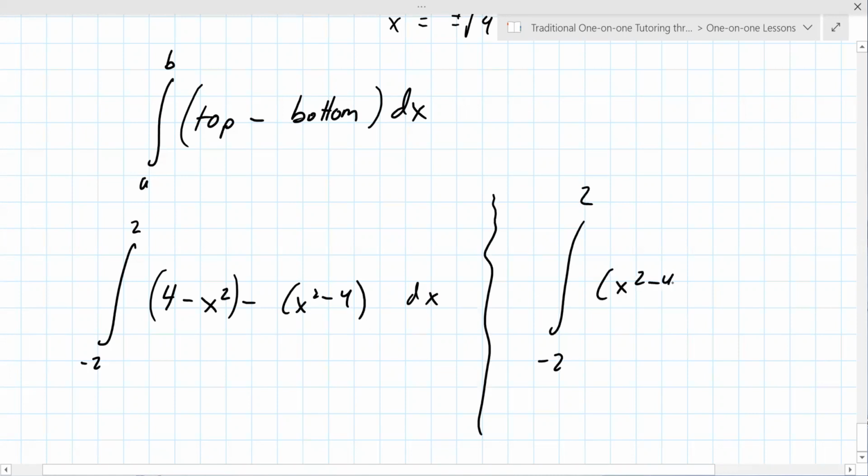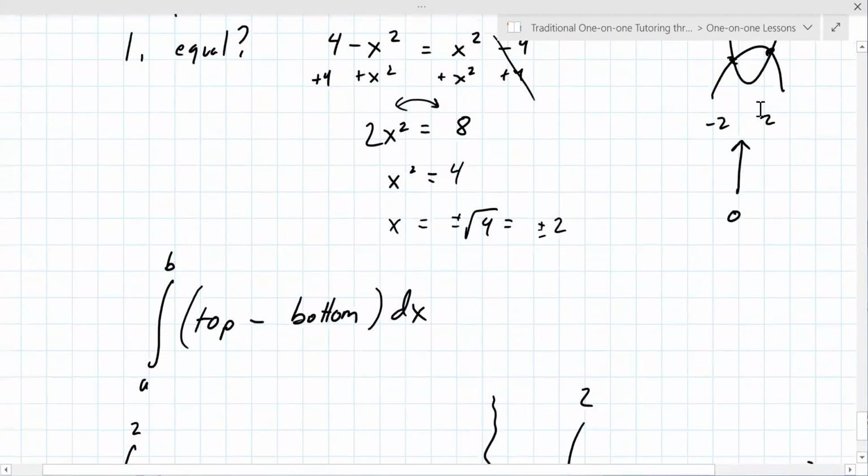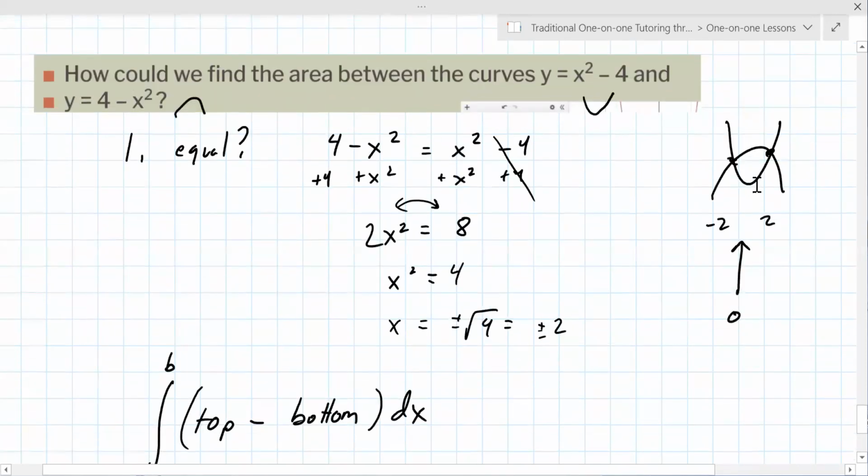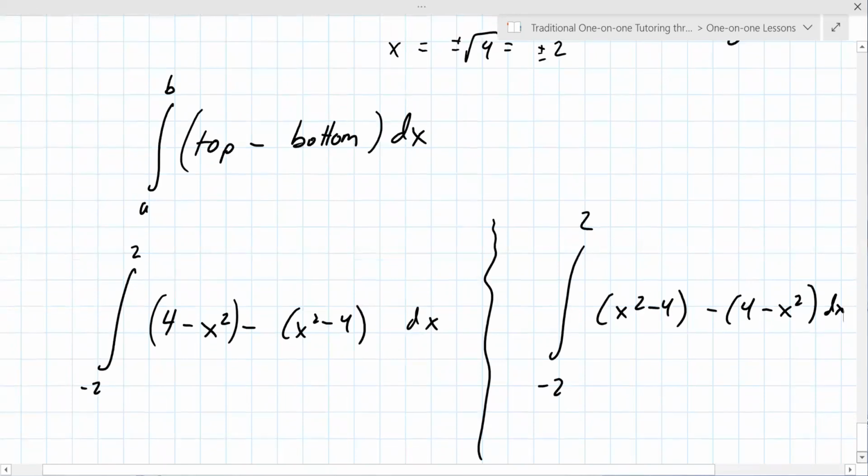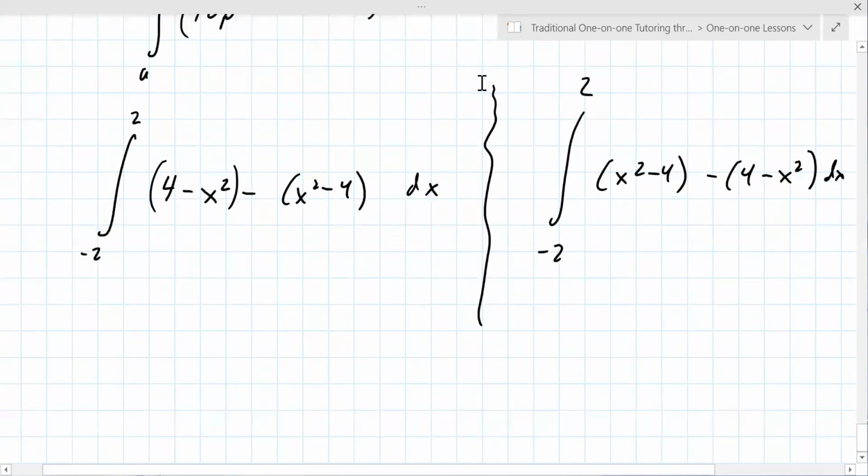Now, wait, so you just know from the graph which one goes in front? Yes, but I was also suggesting, if you're not sure, you could test a point between the two points and then see which one is bigger or smaller, the y value. Gotcha. Now, in full disclosure, if you do the one on the right, you just get the negative of the area. Oh. And so if you just negate it and pretend like you understood, you could still get full credit. They probably will mark you down, but try not to do that.